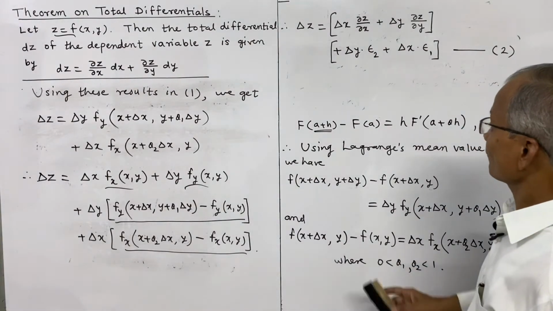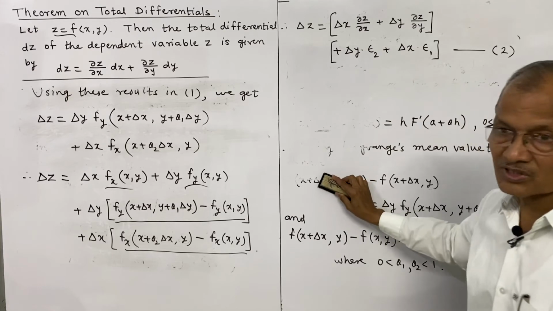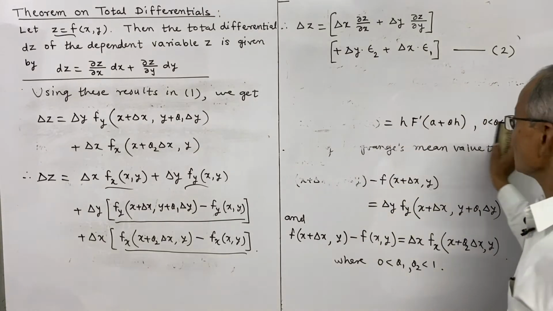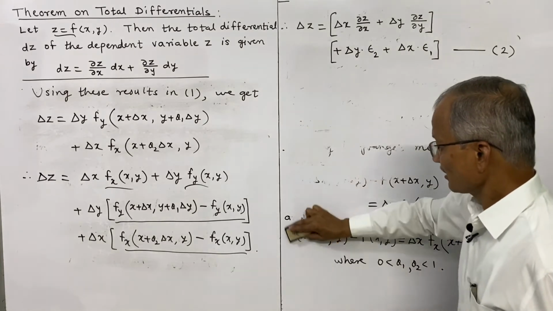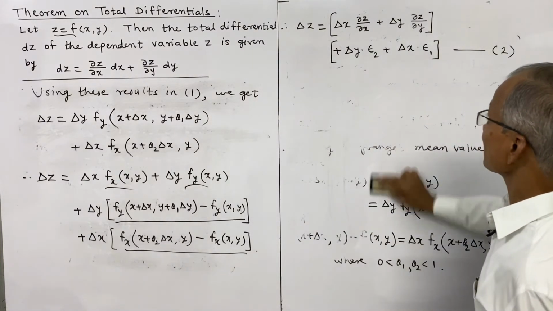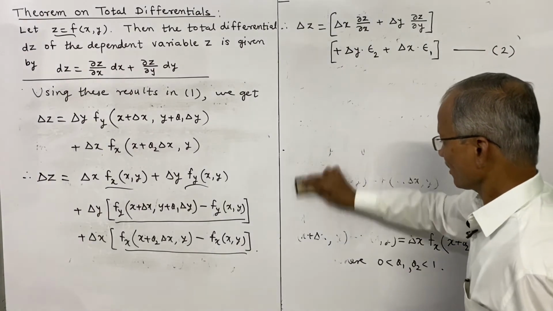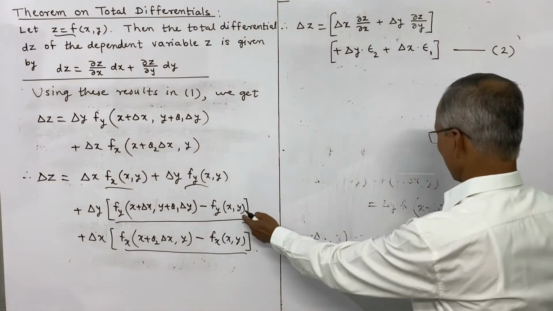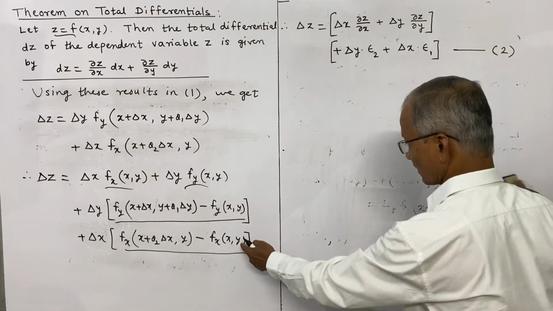Now here delta z, which is the change in z, is expressed in two parts. So what are the values of epsilon 1, epsilon 2 that we should write first.